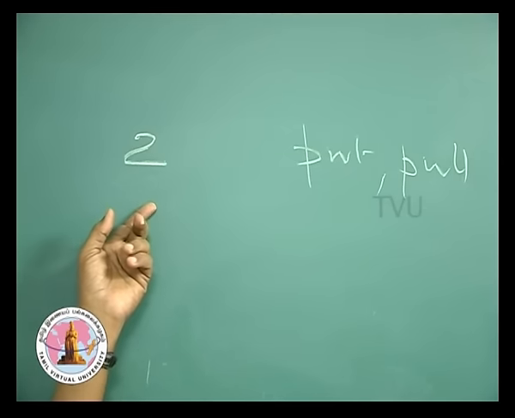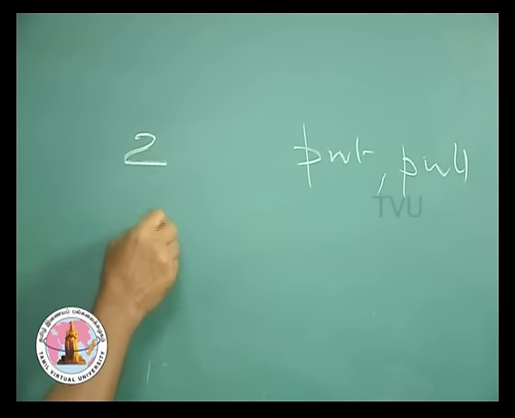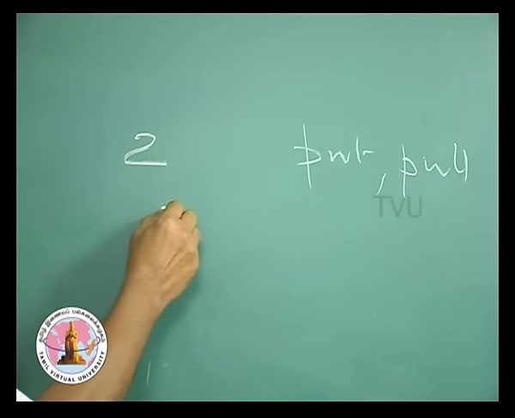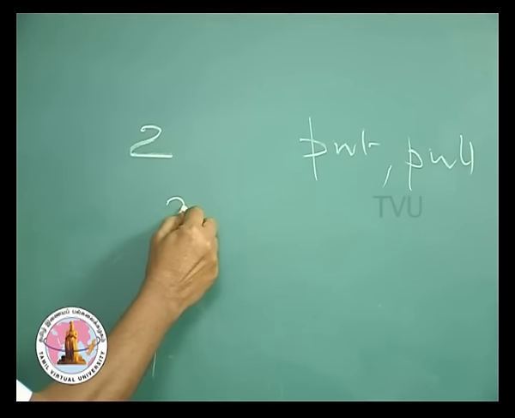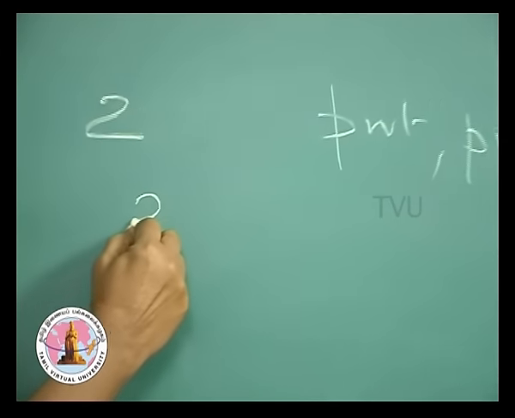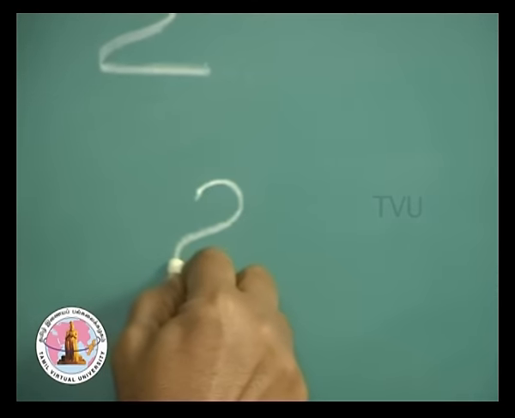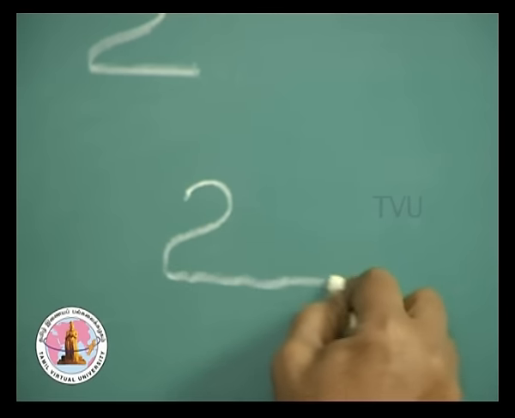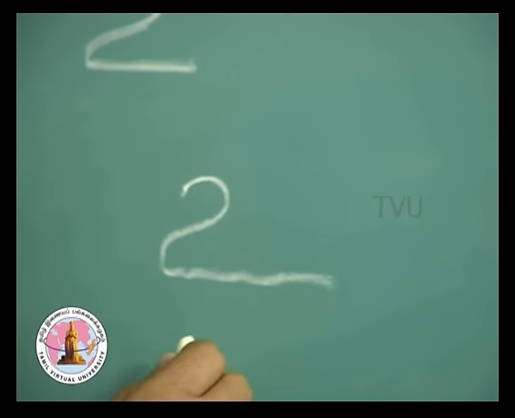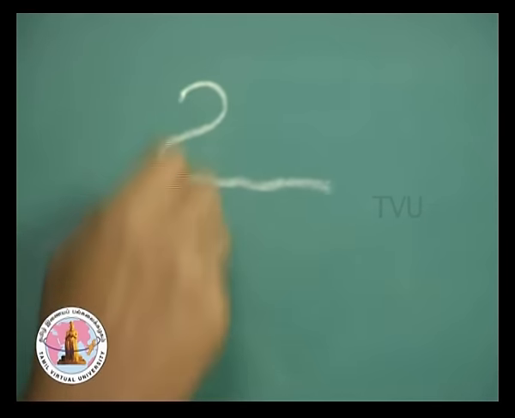A short U. Again we start with a small circle, round it up, come down, extend it, take a light bend and stretch it. This is how it is being written.